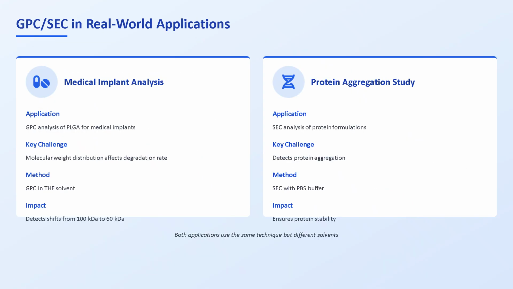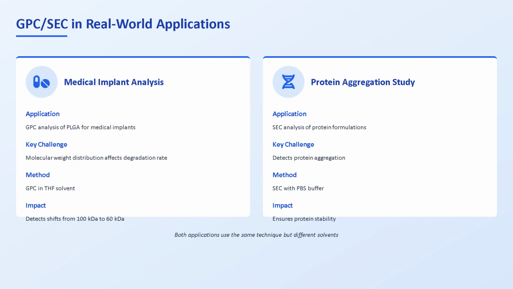Let's look at two real-world scenarios. First, medical implants. PLGA used in biodegradable implants must have very specific molecular weight distributions. Using GPC in THF allows us to track degradation, for example, from 100 kilodaltons down to 60 kilodaltons, which directly affects how long an implant lasts in the body.